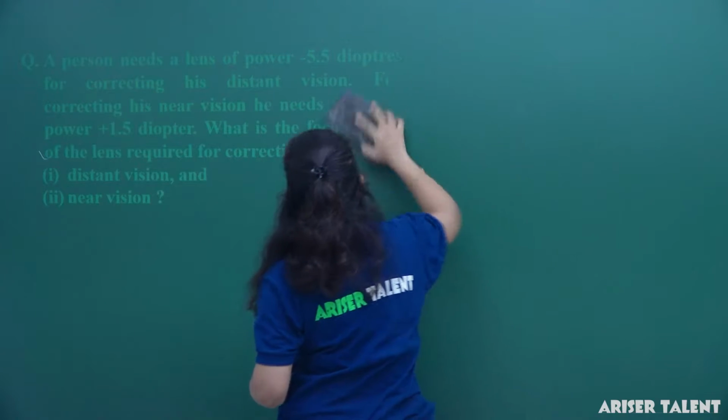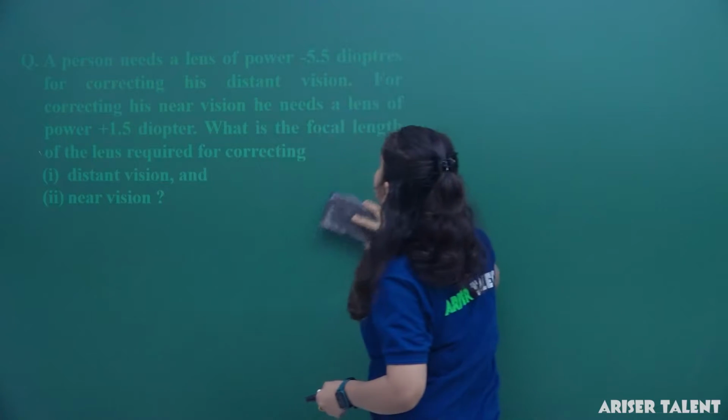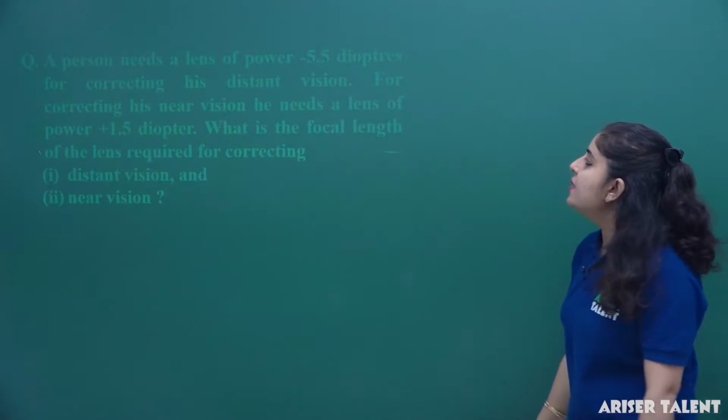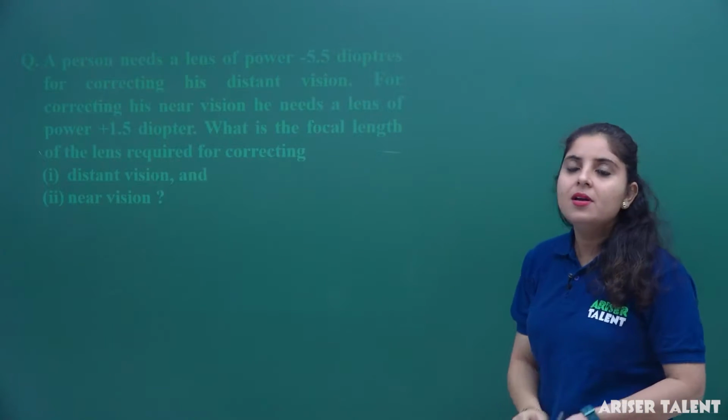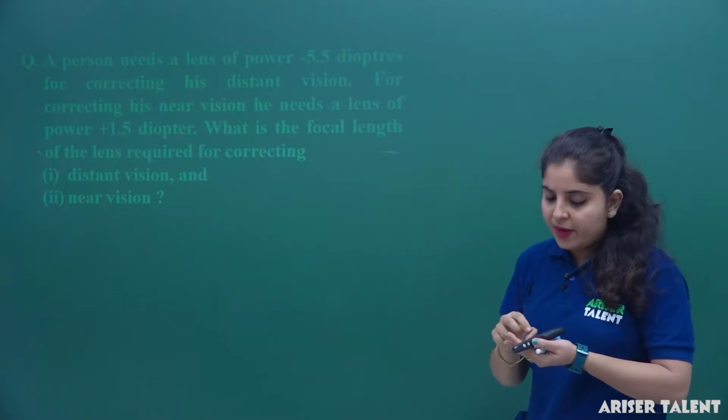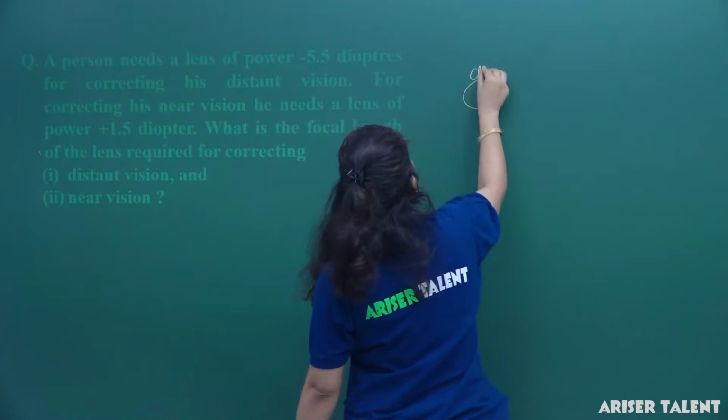This is a numerical problem, and the question says a person needs a lens of power minus 5.5 diopters. Firstly, I am writing the given conditions.